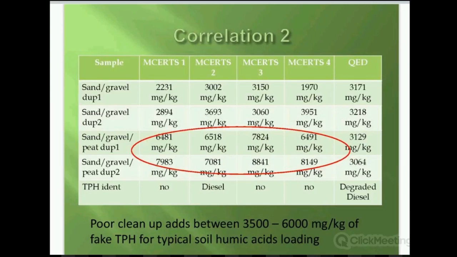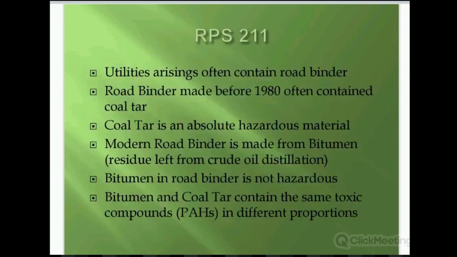Now, the problem with that, of course, is that each pass is actual analysis. So even if your lab is charging you £30 a sample, by the time you've done 4 passes through, you're up to £120 a sample. There is no such thing as cheap, proper laboratory analysis.